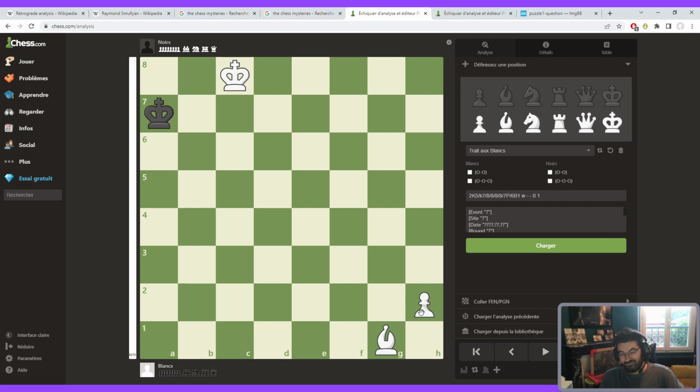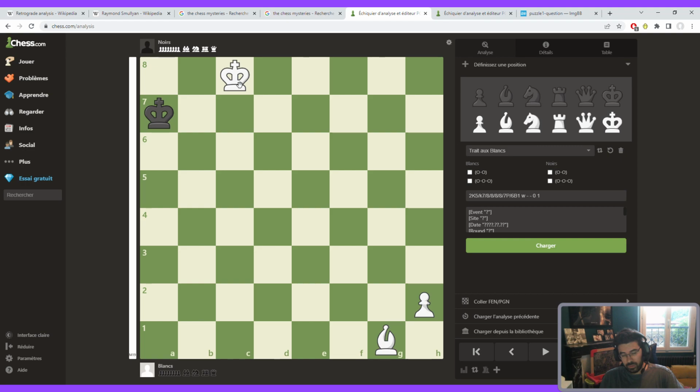Okay, but it cannot be pawn f2 to h2. This is not allowed. If the pawn was in f3, it could be possible, but this is not possible. And it cannot be also the king, like king c5 to c8. This is not a move which is actually allowed.